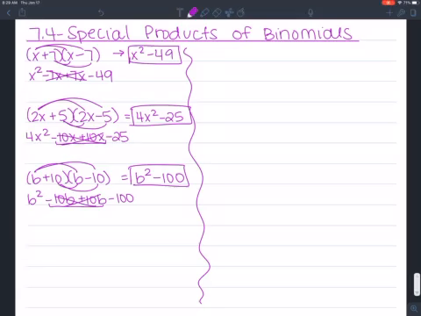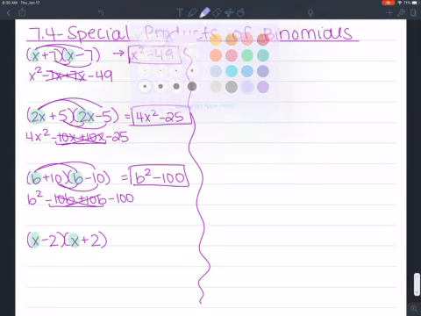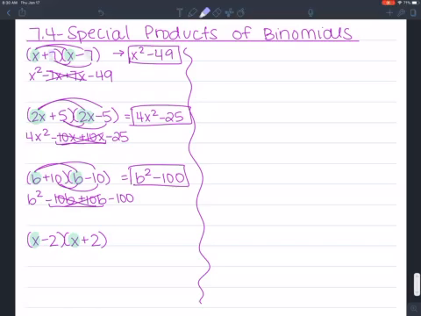So my question to you is, how can you go from, let's say, x minus 2 times x plus 2, okay? There's something similar with all these problems. So see how we have the exact same first term in all of these? And then we have almost the exact same second term, except for their opposites.